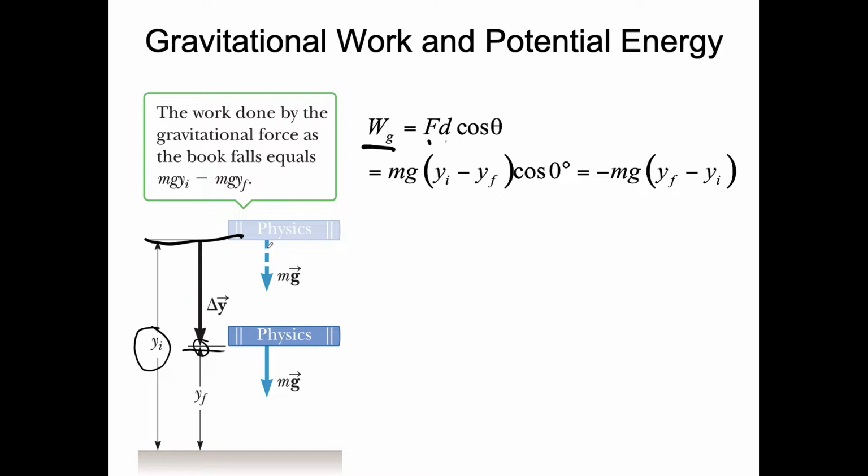Now in this case, mg is pointing down, displacement pointing down, so they are pointing in the same direction. The angle between force and displacement is 0. Force is mg. Displacement is y_i subtract y_f. So the work done by gravity in this case is negative mg times the displacement.